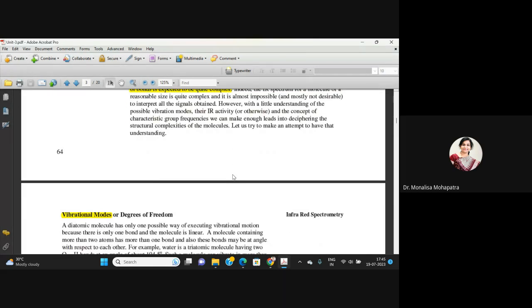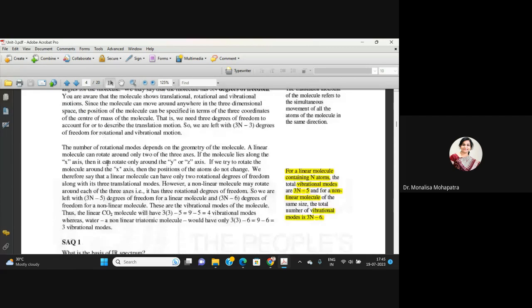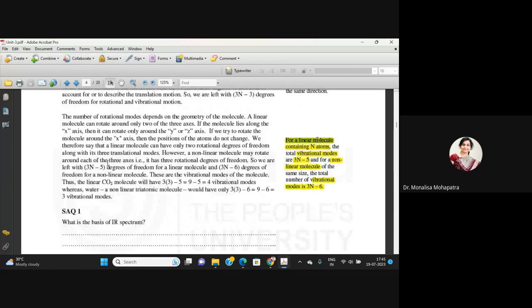So at that time you need to calculate how many vibrational modes exist for that molecule. Remember, you will get NET GATE questions quite often on this vibrational mode calculation. If you see a linear molecule containing n atoms, so if I give you a problem now, just understand it.